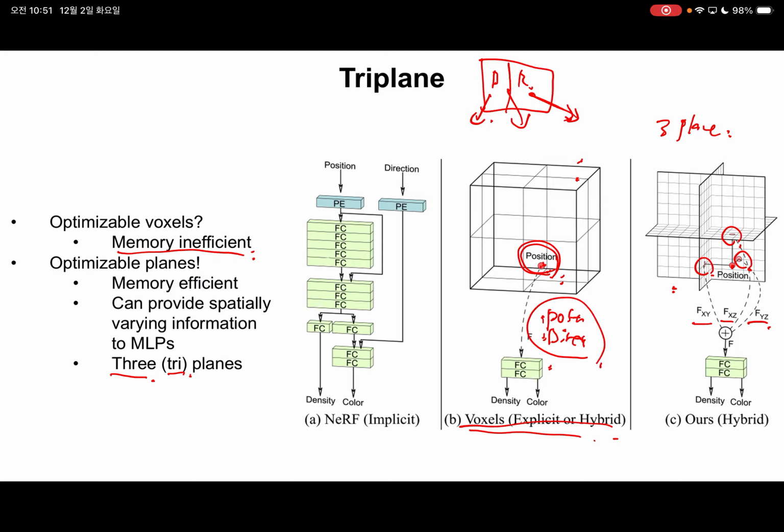So there are five inputs to the MLPs: position, direction, XY feature, XZ feature, YZ feature. Then the MLP is aware of spatially varying 3D information as well as position and direction information. So this is the triplane. We can define these three planes to provide spatially varying information to MLPs, which is more memory efficient than voxels.